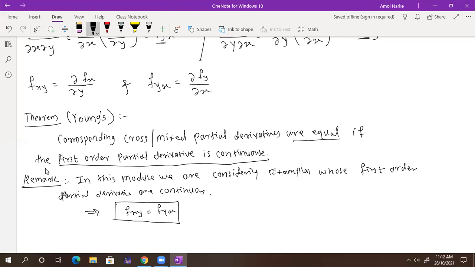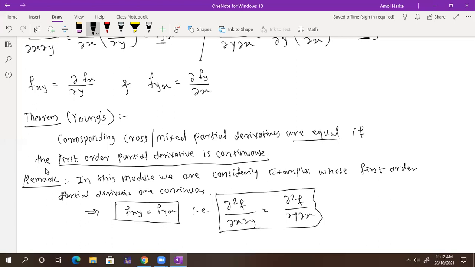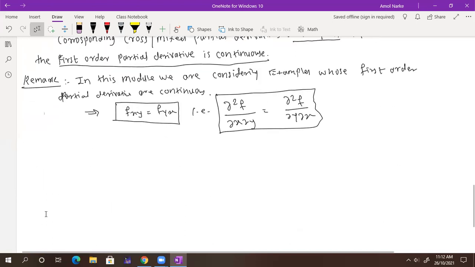So the partial derivative of f with respect to xy is equal to the partial derivative of f with respect to yx, which is not always true in general. Got it, everyone? So let's take an example and check whether these are equal or not.